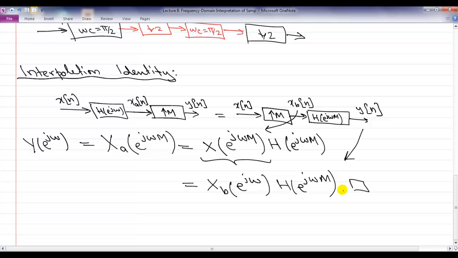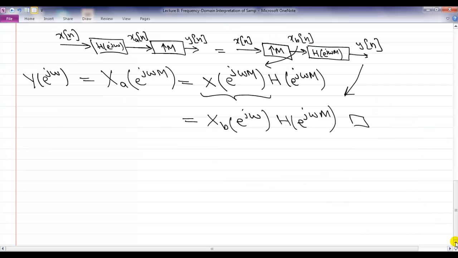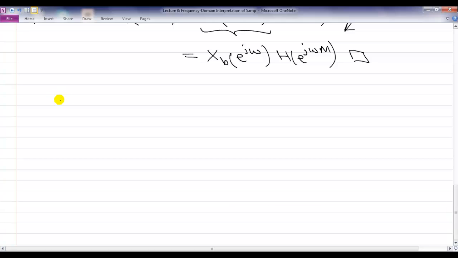What does decimation do to the frequencies of the input signal? What does expansion do to the frequencies of the input signal? Just to remind you, for discrete time, we have only looked at two kinds of operations in discrete time systems: filtering, and either decimation or expansion.